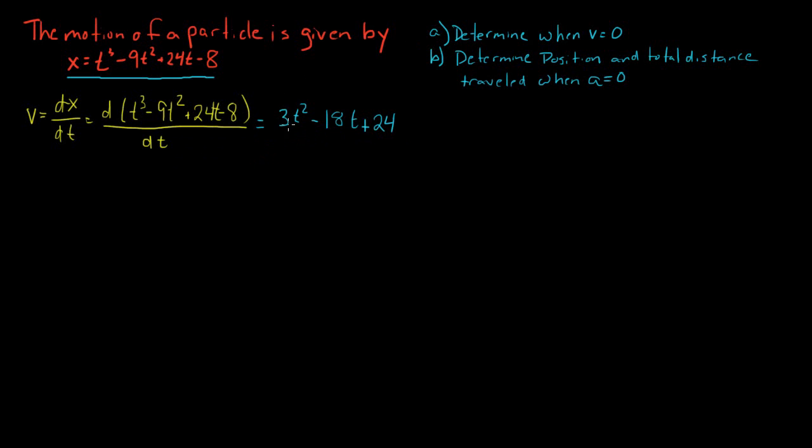And this is the equation for velocity, 3t squared minus 18t plus 24. We want to know when velocity is equal to 0, so we can set the velocity equal to 0. So we have 3t squared minus 18t plus 24 is equal to 0.